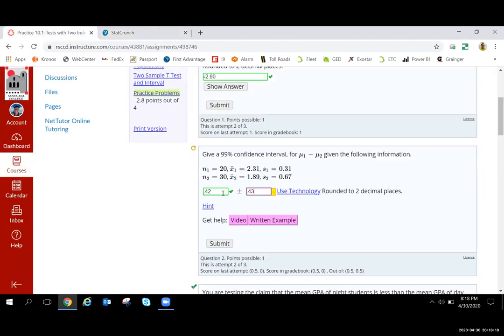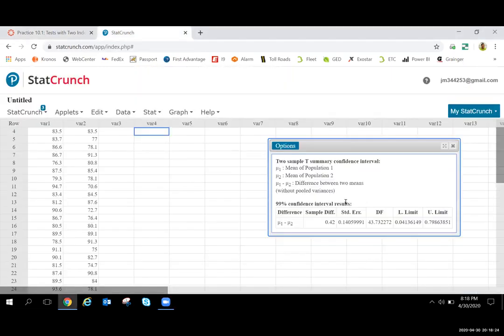So it'll say, yeah, well, no, it's your standard error times your t score. So what we have to do here is find the middle point. The sample difference is 0.42. That's what they're saying. Yeah.